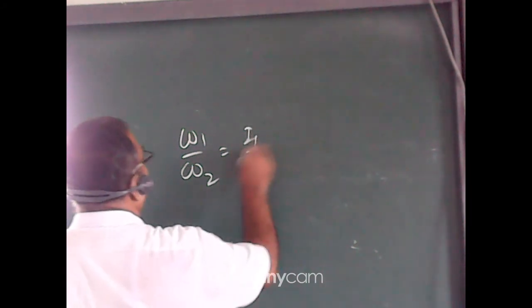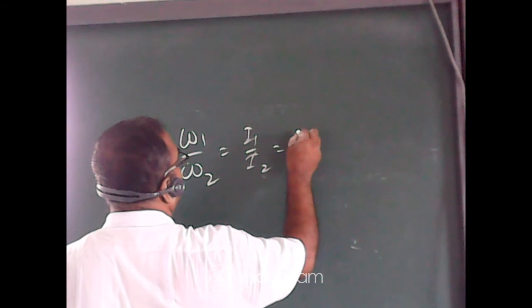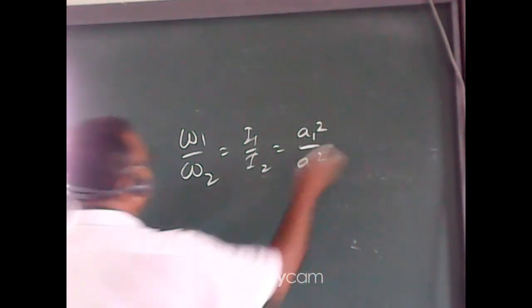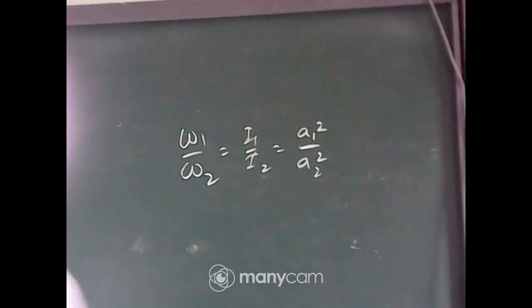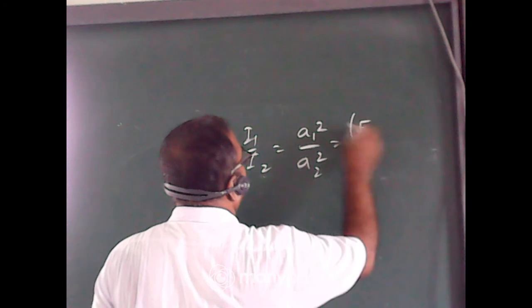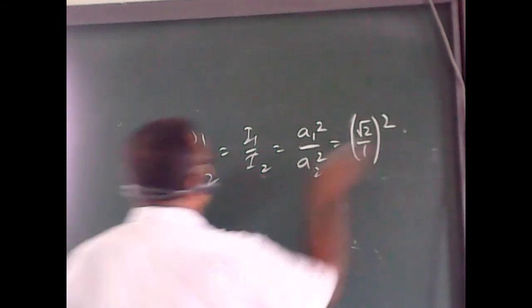W1 by W2 equal to I1 by I2 equal to A1 square by A2 square. You know it. A1 square by A2 square equal to root 2 by 1 whole square.